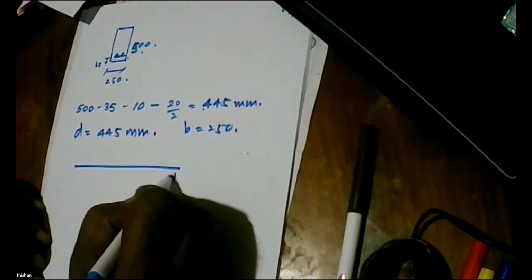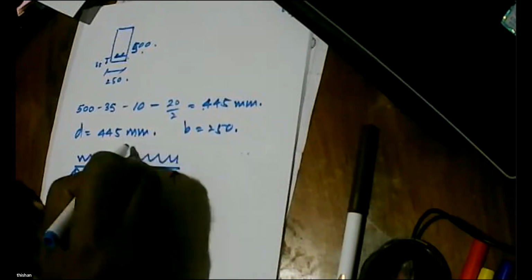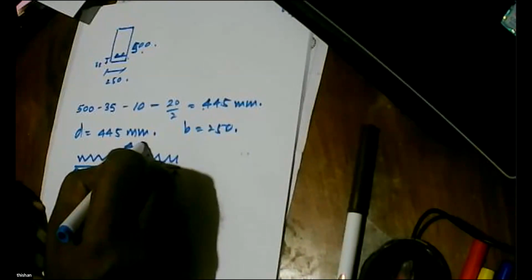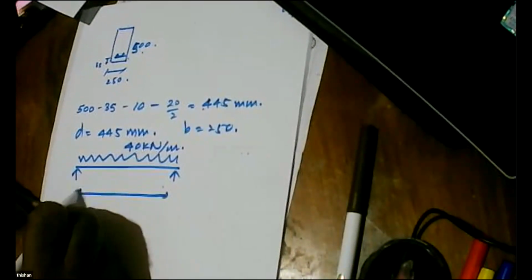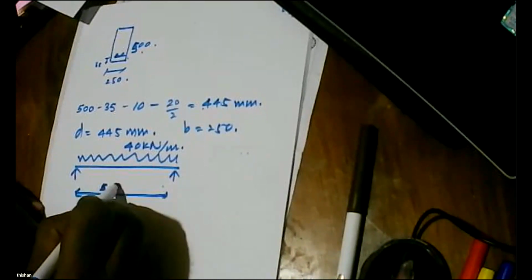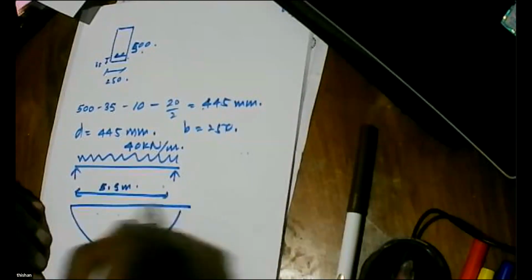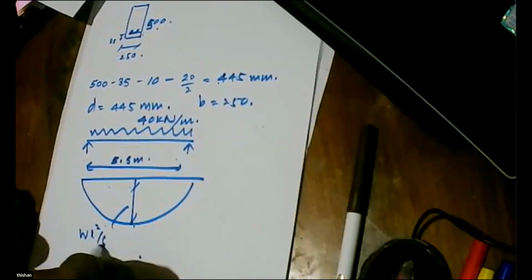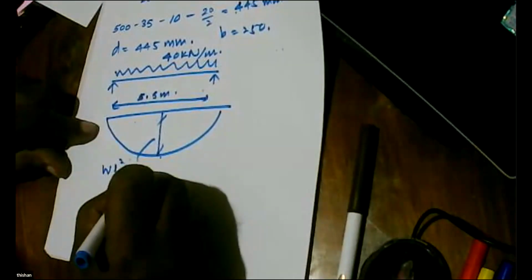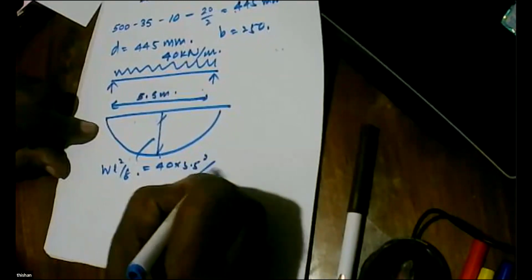And moment, so a simply supported beam having a load of 40 kilonewtons per meter, having a span of 5.5 meters, and this is the bending moment diagram. w is called weight, and we get w L squared divided by 8, that is 40 times 5.5 squared divided by 8.